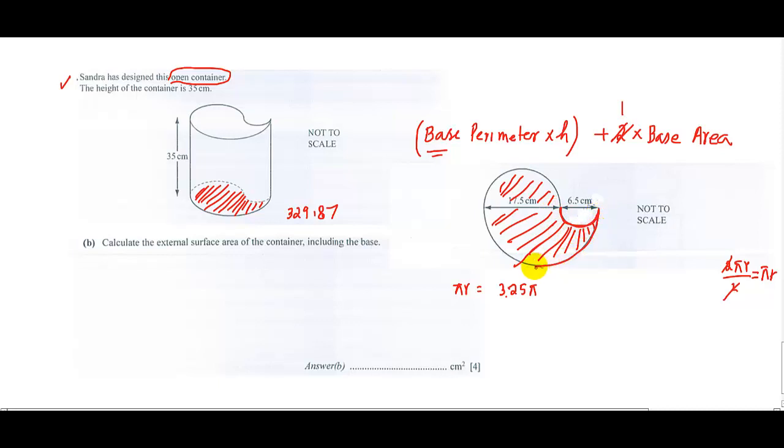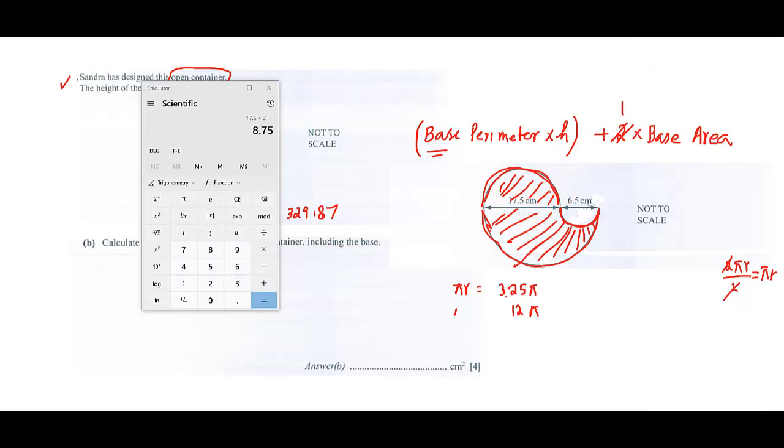Now let's calculate this length. This semicircle has diameter 24 given, and the radius is 12, so it will be 12 pi. Now we will add this length, this length, and this length. The diameter is 17.5, so the radius will be 17.5 divided by 2, which is 8.75.